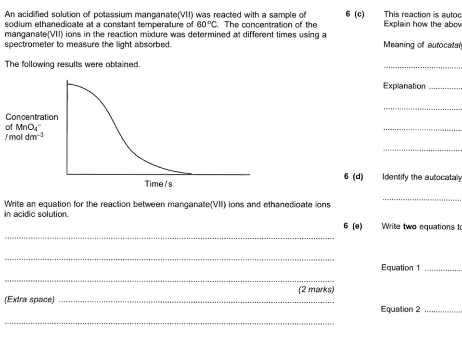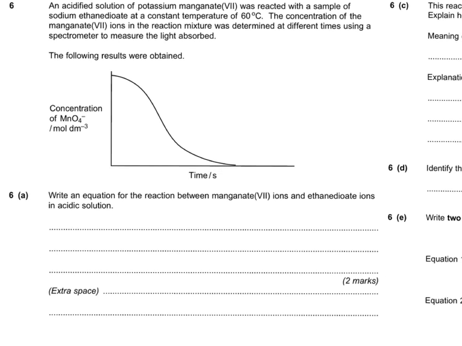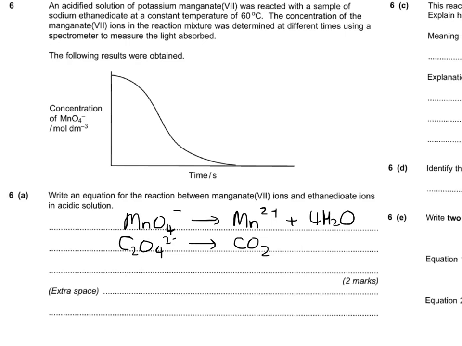So you can either learn the whole reaction off by heart, or you can just learn the conversions. That's what I'd recommend you do. So remember, you've got MnO4- going to make Mn2+, and your ethanedioate C2O4 2- ions make carbon dioxide, and then just balance each one. So you need 4 waters on the right here, 8H+ and 5 electrons.